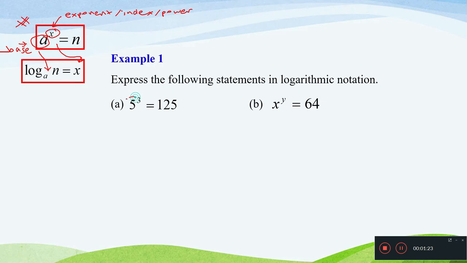Since 5 is the base and 3 is the exponent or index, then you can just write it in logarithmic form like this, where below the log should be the base and then the exponent would be there. Okay.